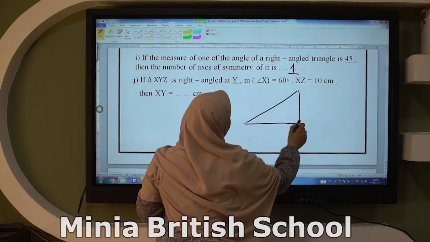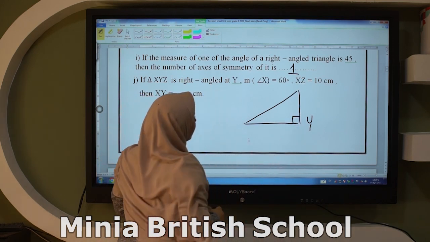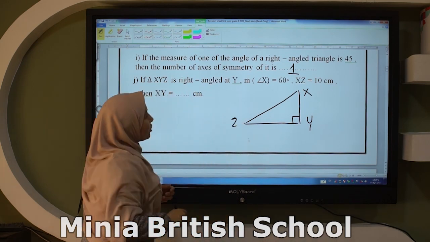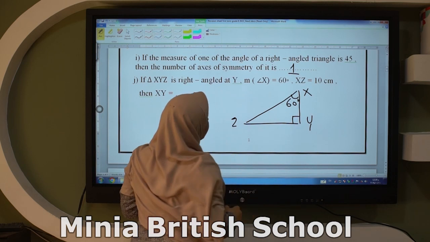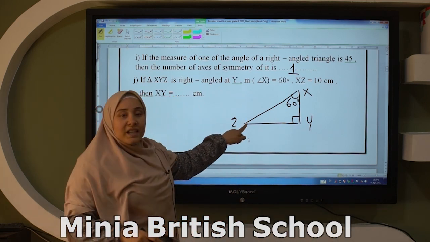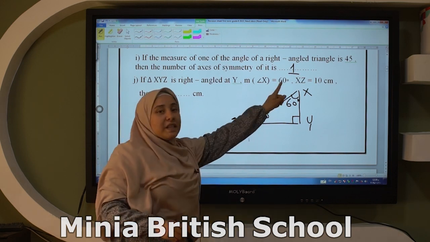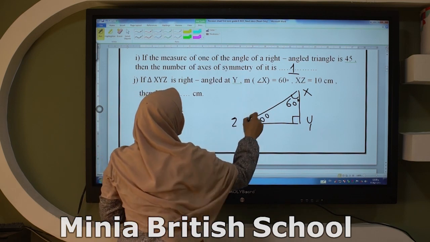Letter J: if the triangle XYZ is a right angled triangle at Y, I will draw the right angled triangle at Y and the other two angles X and Z, where the measure of angle X equals 60. Then the measure of angle Z equals 30, because this triangle is called a 30-60 triangle. Now I have the length of XZ.